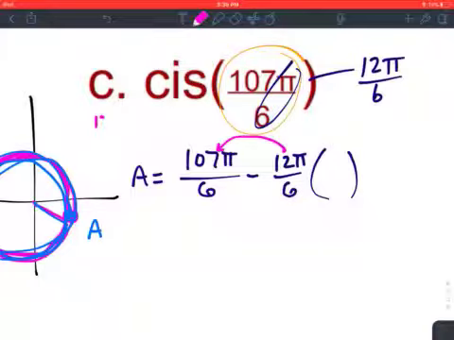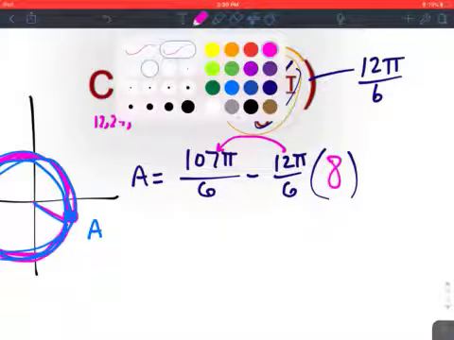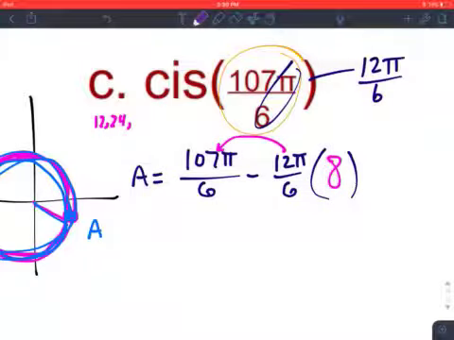Well, 12, 24, 36, 48, 60, 72, 84, 96, so that's 8. So what's the remainder when we do this? 96 pi over 6 subtracted from 107 pi over 6 is 11 pi over 6.